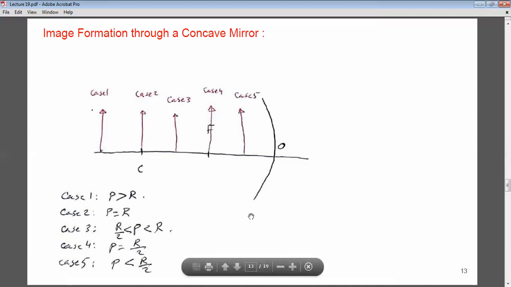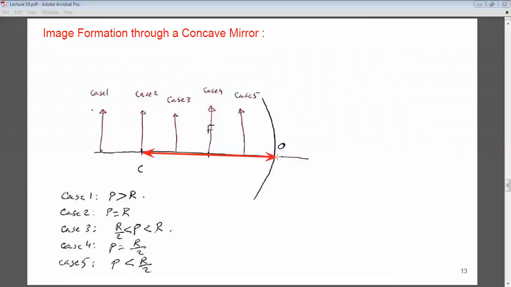For the concave mirror, case 1: if P is bigger than R, where R is this distance from O to C. So P is bigger than R. It is located here, after C, so it is bigger than R. Case 2, if the object is at R, that is at C. Case 3, if it is between C and F, so P is between R over 2 and R. This is R and this is R over 2.